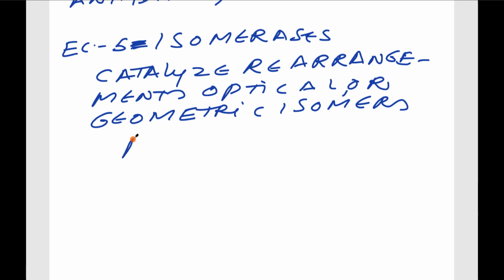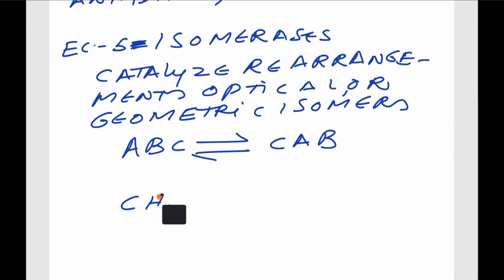Suppose here the rearrangement is taking place. Let us see one example, that is methylmalonyl CoA. How is the rearrangement taking place?